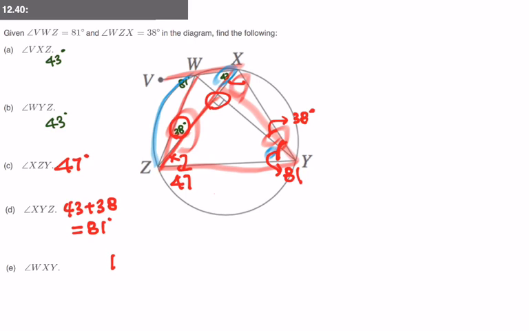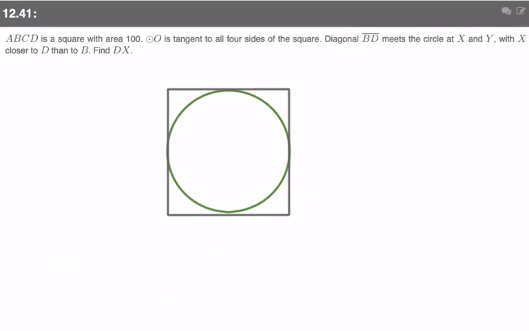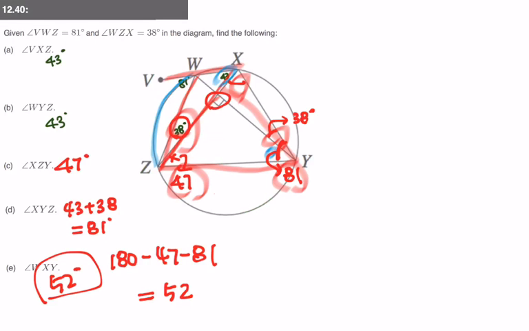Since the bottom angles are 47 and 81, 180 minus those two angles, 47 and 81, must give us 52. Actually, 52 would have been this portion of the angle, but they're looking for WXY, so we have to add 52 and then 43.